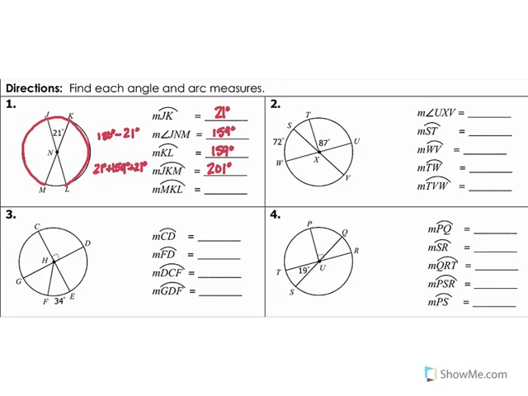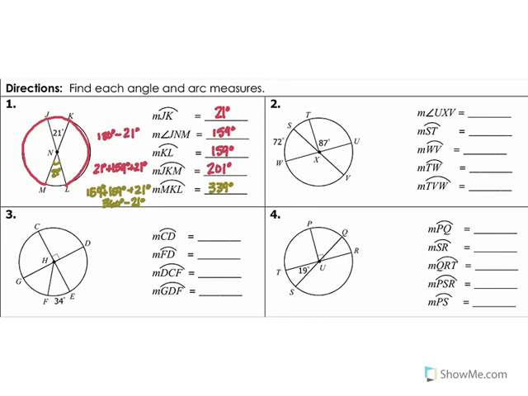So we know this is 159, and this is 159, so we're just going to have 159 plus 159 plus 21, and we should get 339 degrees. The other way you could have done this is by saying that this is 21 degrees and just doing 360 minus 21, and you would get the same answer.